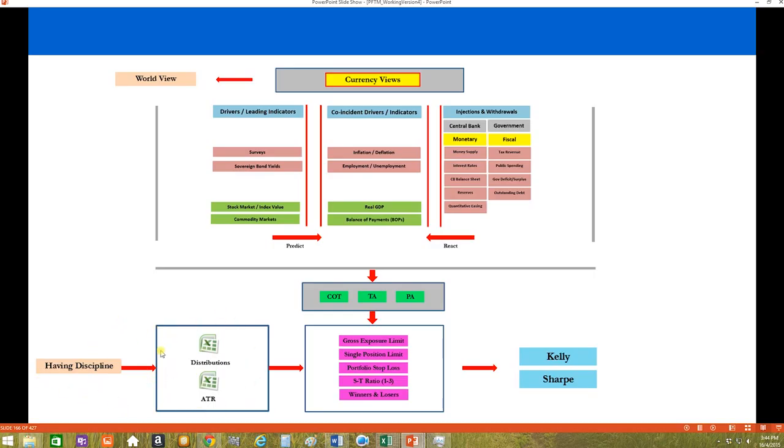So this is using risk management processes. And we went through earlier in the advanced computational methods with Chris Quill, a distributions and ATR analysis of the Aussie dollar and the euro dollar.